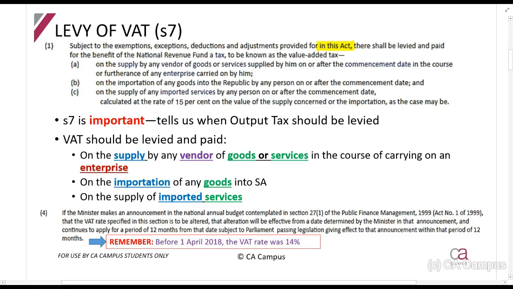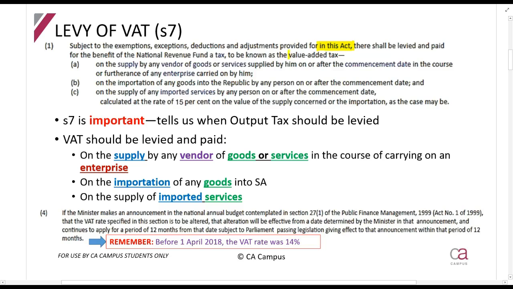A is the most important, and this is the one that applies to basically all vendors. B and C are a little bit more specific situations. So let's start with A, and that's where we're going to spend the majority of our time at this point. So when do you need to charge VAT?